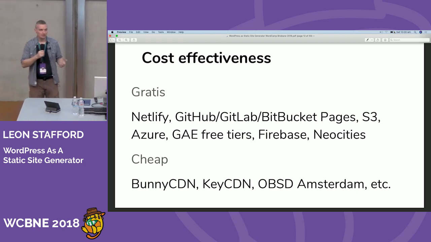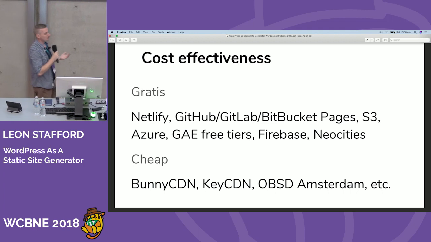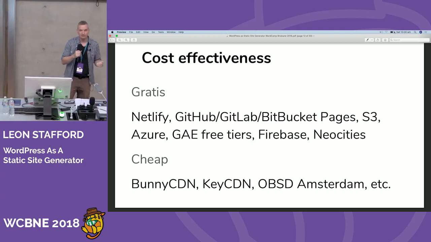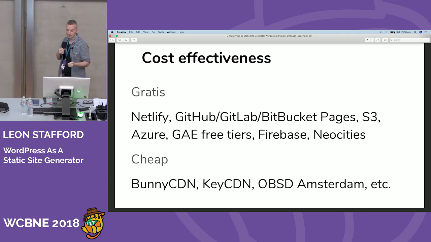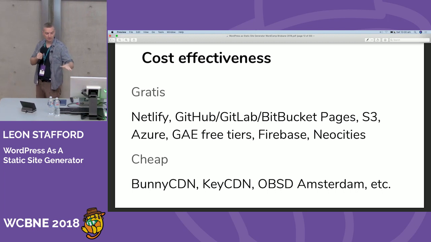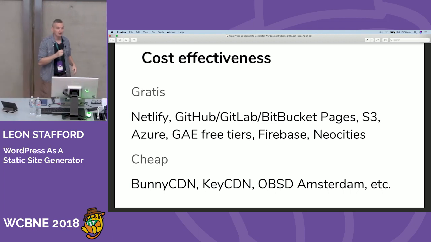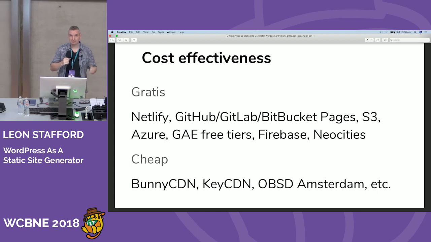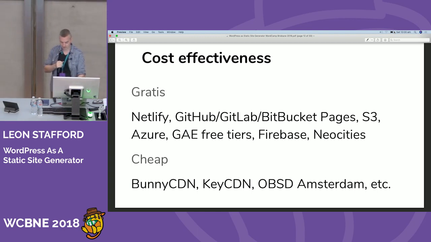So you can host your site for free there, but you can't have access to your own log files. You can't really get in there. If you want to get geeky with it, then a cheap but solid server like the OpenBSD Amsterdam is a good option. You can install whatever you want on there, host a static site, but still have full control over the server.